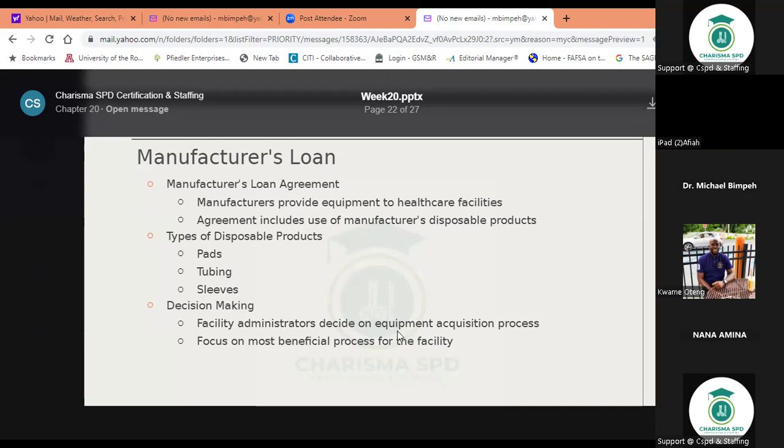Decision making: facility administrators decide. Yes, it's the administrators. We can suggest, but there is always a pushback. Sometimes you can be arguing and defending for like 2 years, and then finally.